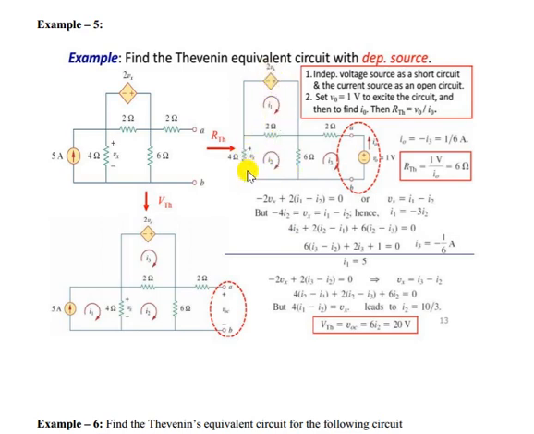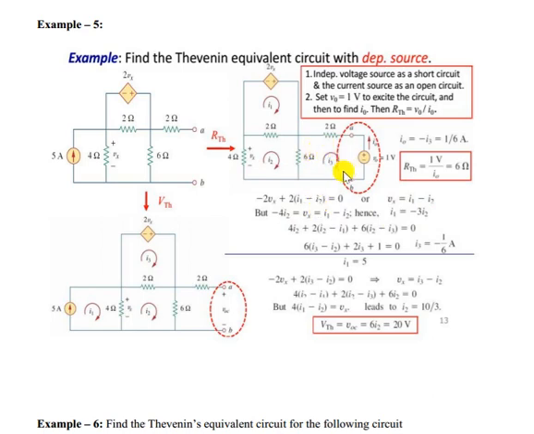Now this Vx is here, that is equal to nothing but minus 4I2. Why? Because here direction is from negative to positive, but sign is plus to minus. So that is minus 4I2 equal to Vx. Okay. And Vx equal to I1 minus I2 we got. Then we get the relation I1 equal to minus 3I2.